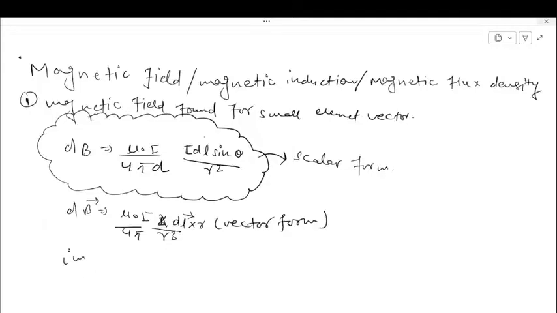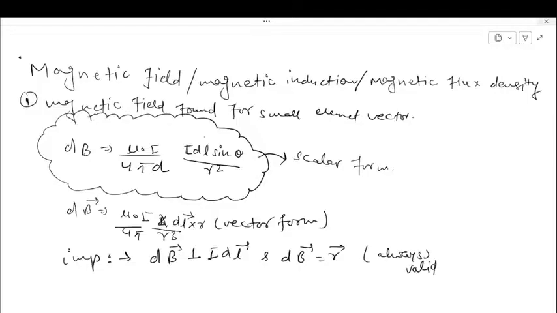One important point is that dB is perpendicular to I dl and dB is perpendicular to r, always. This result is always valid.